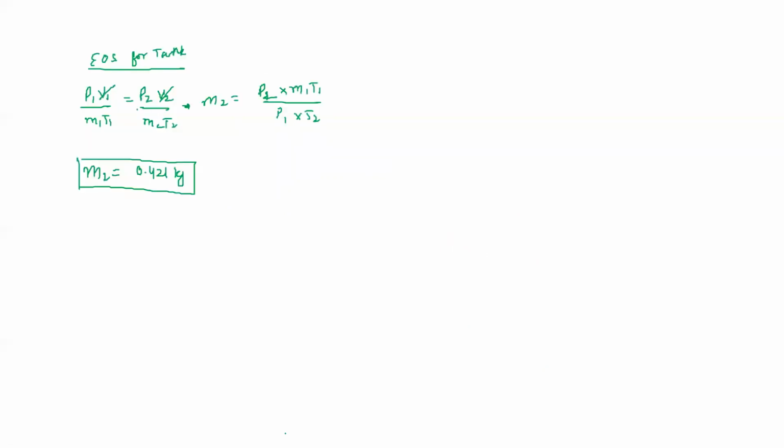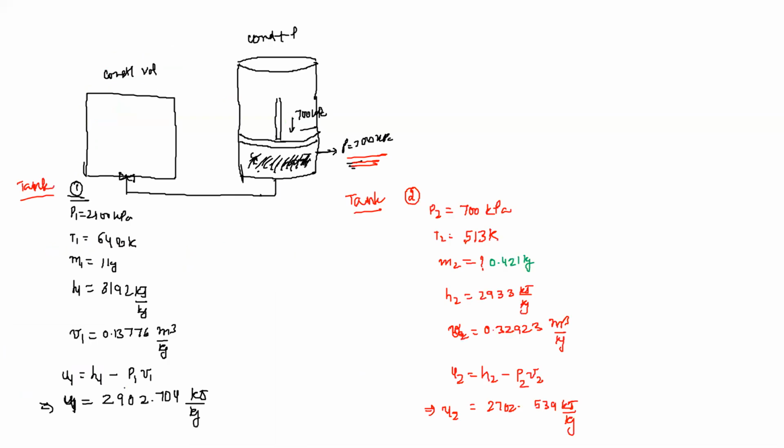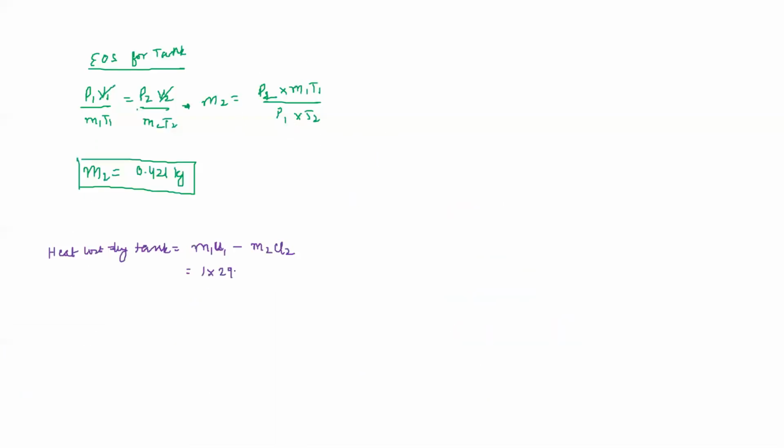Now, once we have the mass, since heat is lost at constant volume, the heat lost by the tank is equal to initial internal energy minus final internal energy. So initially the mass was 1 and the internal energy was 2902.704.